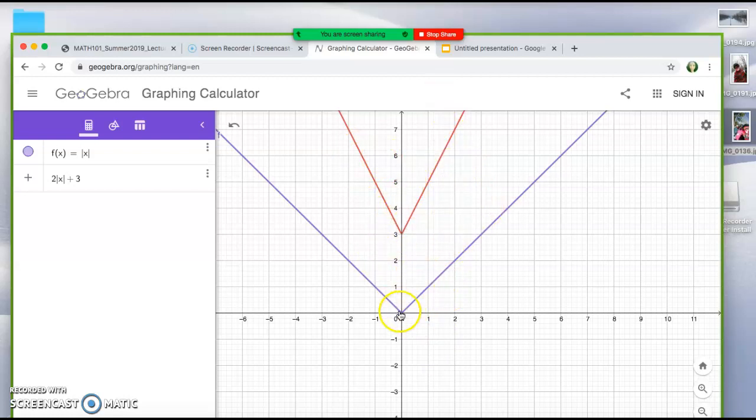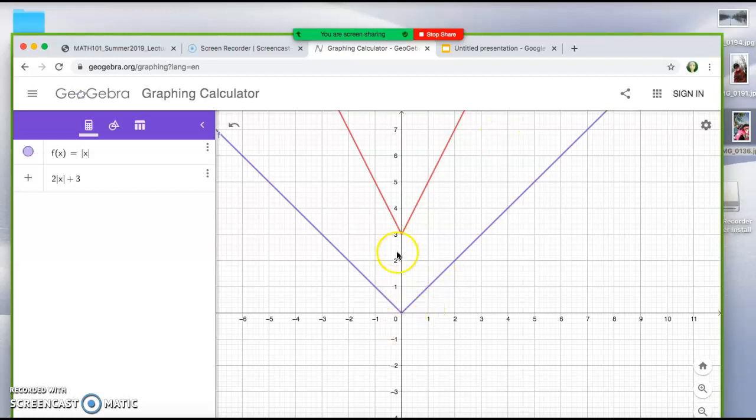So it moved up 3 units because of that plus 3 on the outside. So 1, 2, 3 went up. All the points went up 3 units. Then, not only did we move up 3 units, it got more narrow.